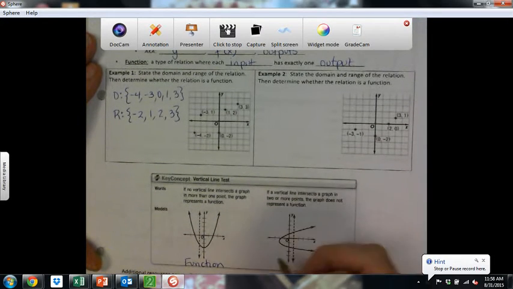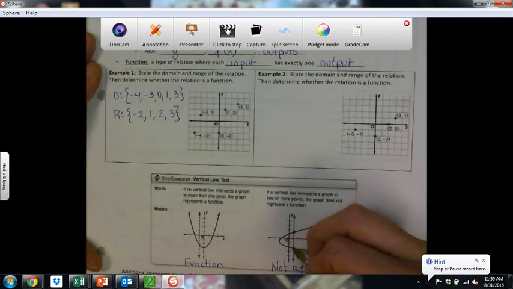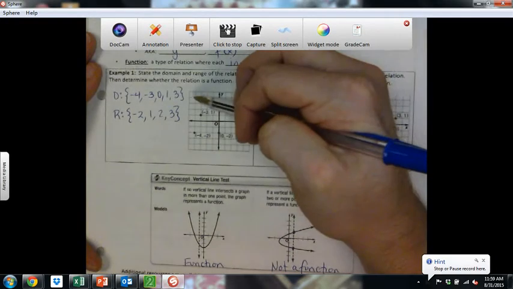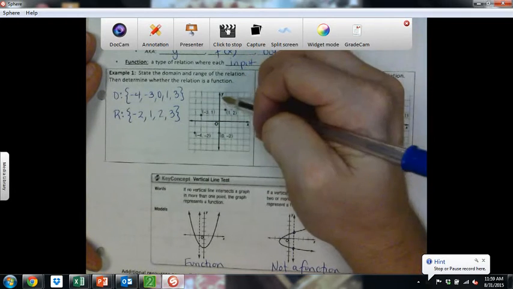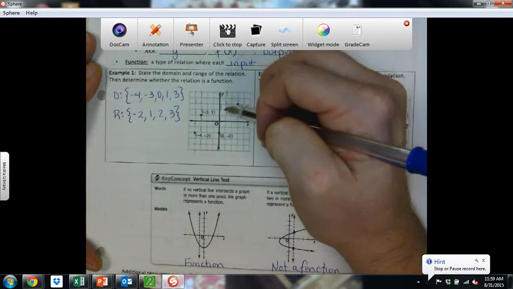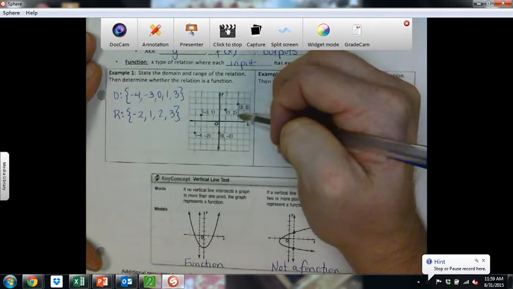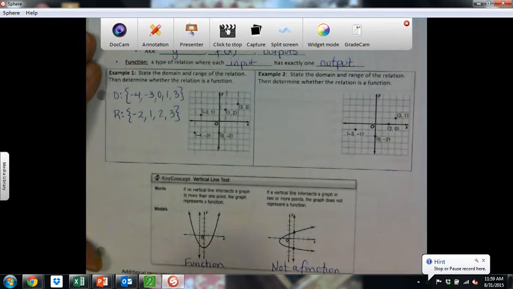This example is not a function because I can draw this dotted line and it hits 2 points, which is not allowed to happen. So one thing I would do is draw that dotted line through each point and see, do I hit more than one point at a time? As long as my line is vertical and I don't hit more than one point at a time, this is a function.